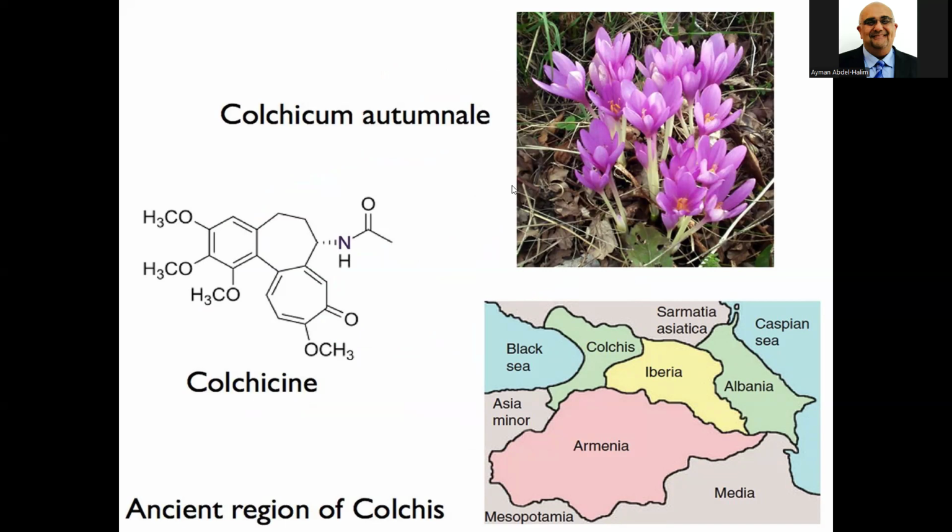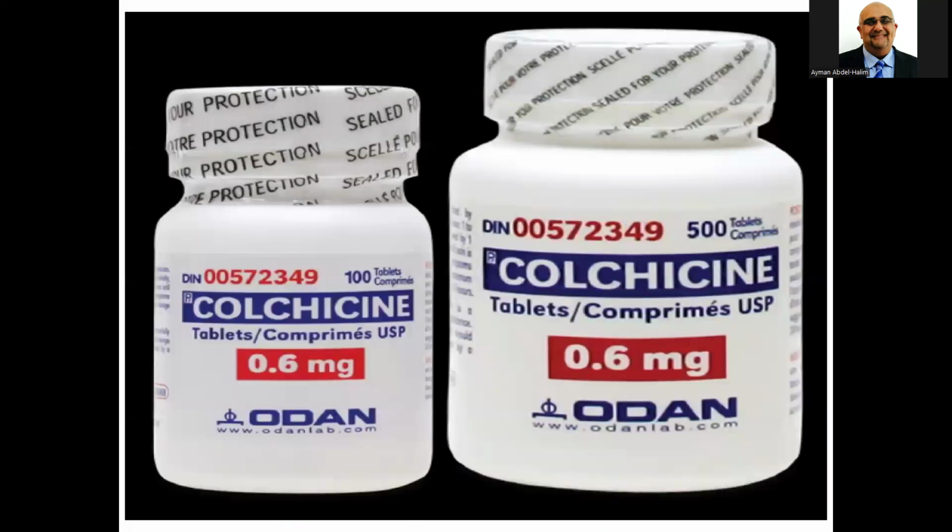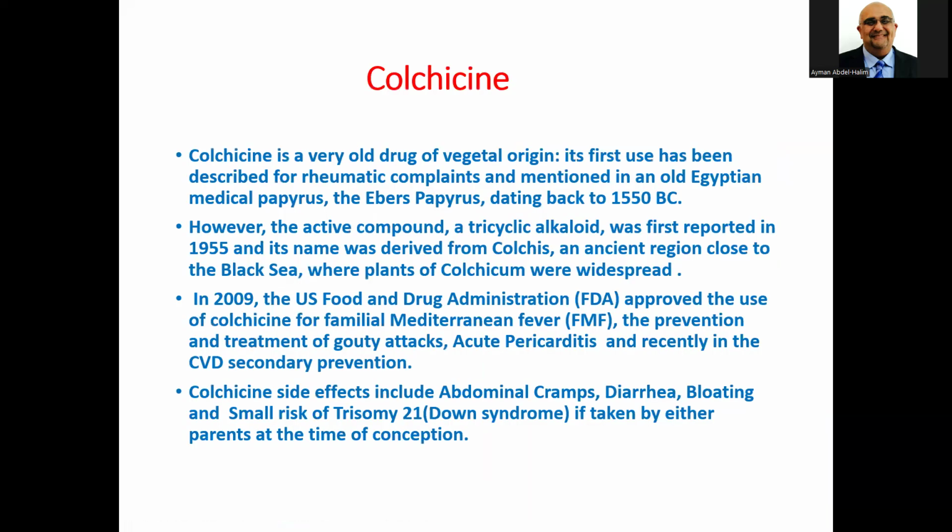I hope I'm pronouncing it right here, but it's available from ancient times here in this area between the Black Sea and Iberia and Armenia. So this is a kind of a traditional drug, basically. We have the 0.6 and 0.5 milligram of this drug. Colchicine is a very old drug.